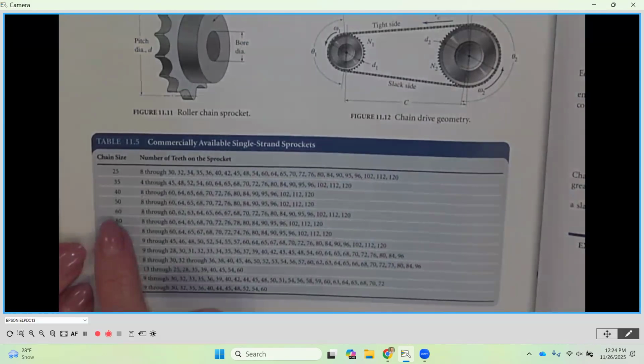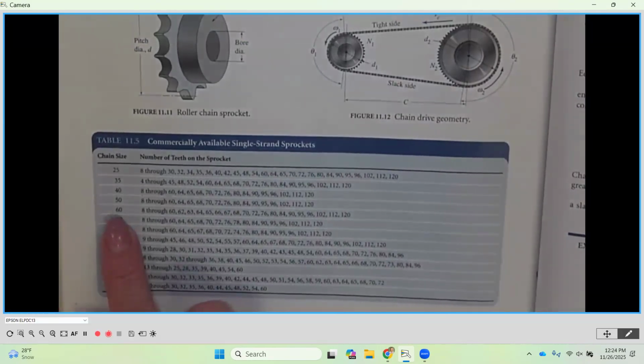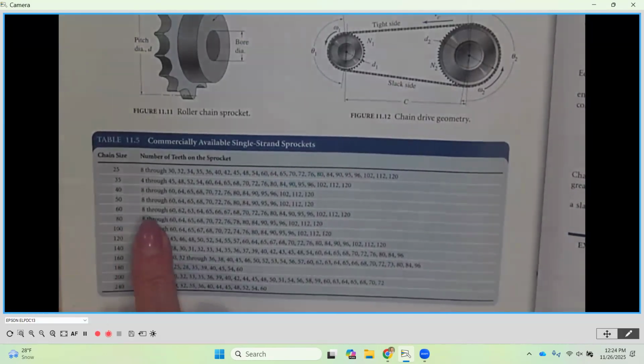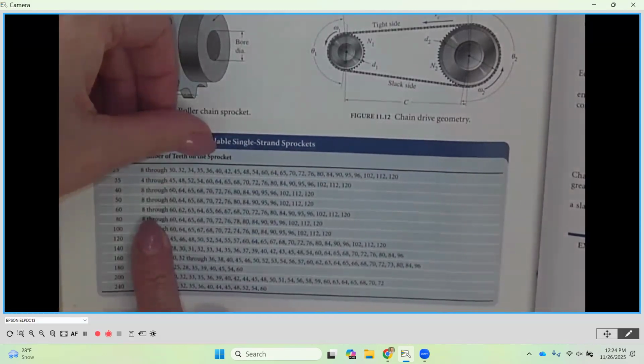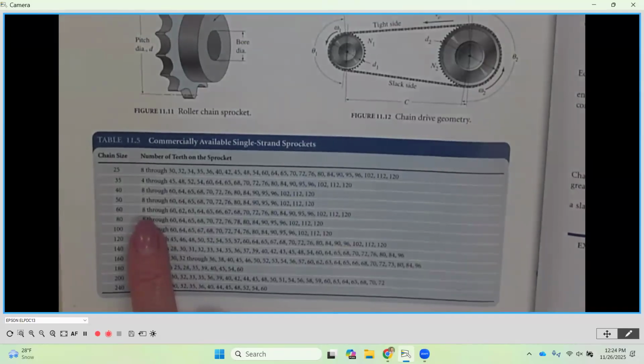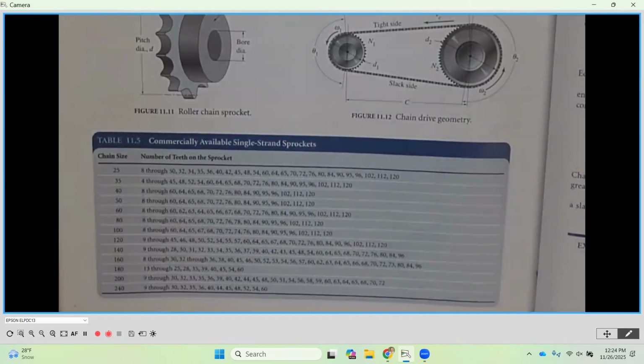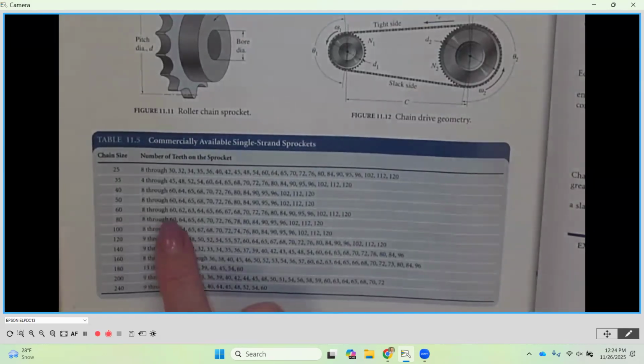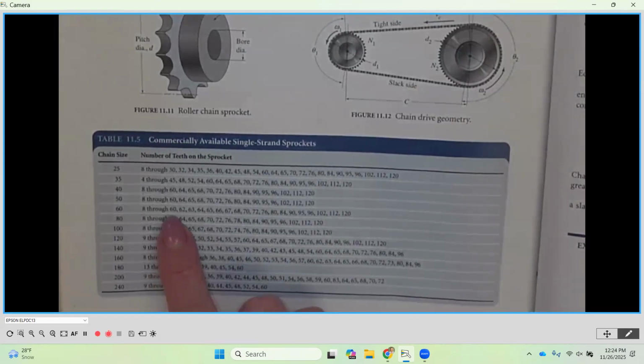If we look at, for instance, number 60 chain, if we go to the right, the number of teeth on the sprocket that are available, it says the smallest one that you can have is going to have 8 teeth, and it's going to be all the way through 60 teeth, meaning in 1 tooth increments, I can get a standard sprocket all the way up through 60 teeth. Okay, so I can get 8, 10, 15, 25, all the way to 60.